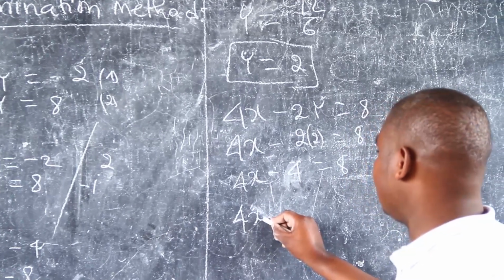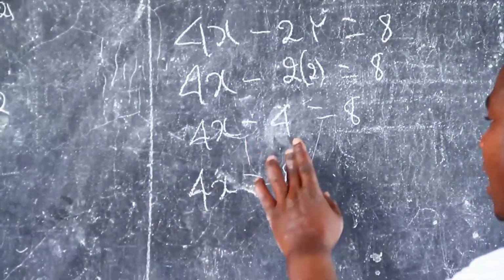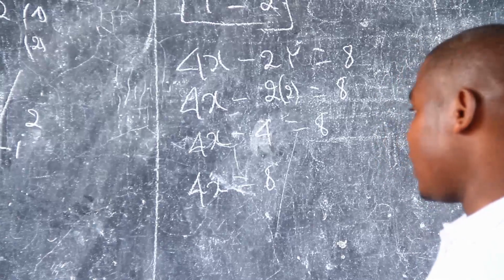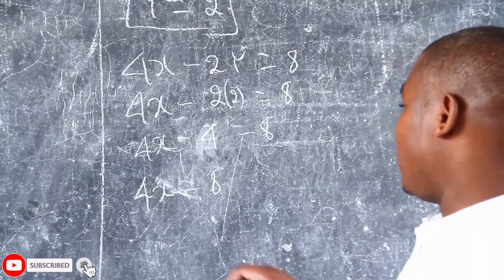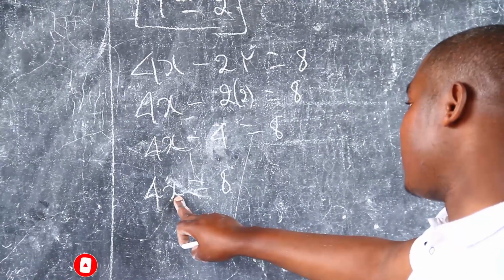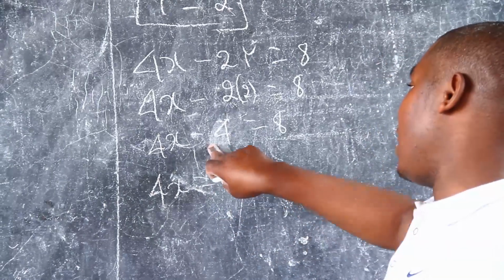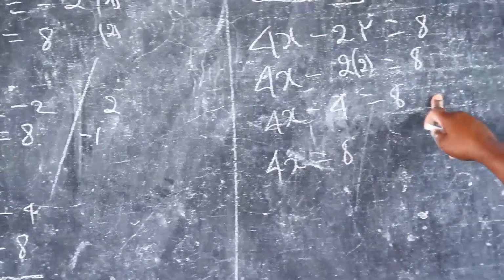4x minus 4 equal to 8. I'm going to arrange the same variable and the numbers. I have 4x as the variable term, and I have 8. This is 4. I remove it from the left side to the right side.